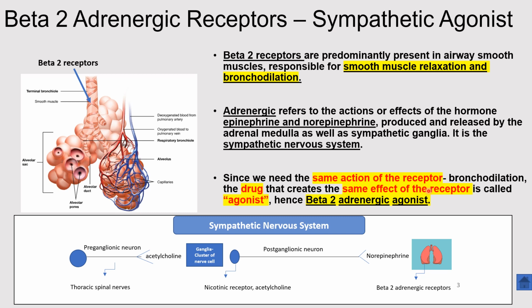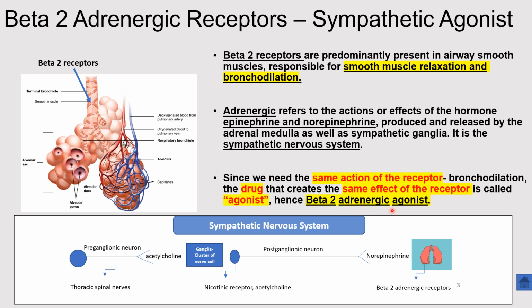So the drug goes and sits inside those receptors and produces the same effect of the receptor itself, which is the bronchodilation. And that's why they are called agonists. Agonist means any drug that produces the same effect as the receptor when it gets stimulated.